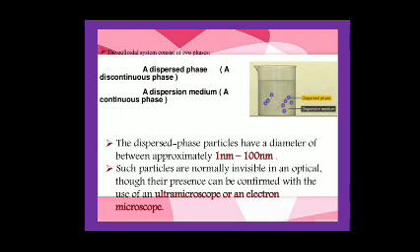And dispersion medium. What is the dispersion medium? The substance in which another substance is present as colloidal particles is called the dispersion medium. So, in smoke, solid carbon particles are the dispersed phase, and air, the gaseous medium, is the dispersion medium.